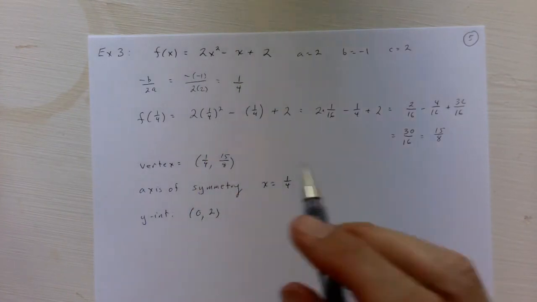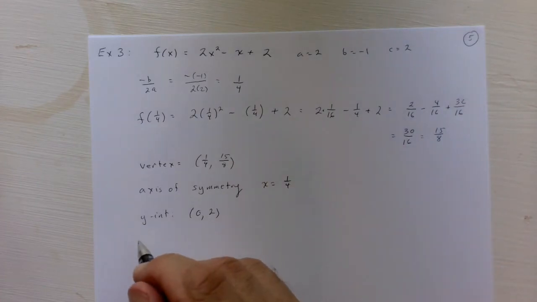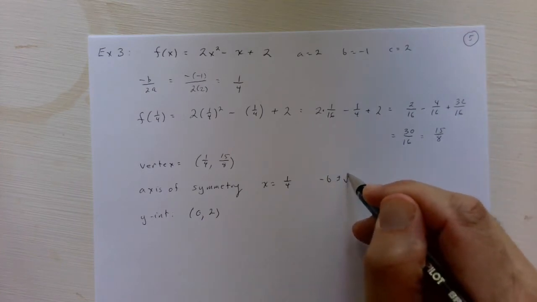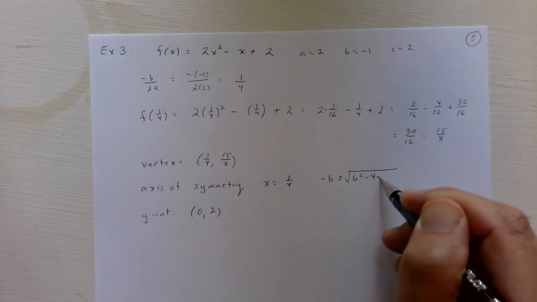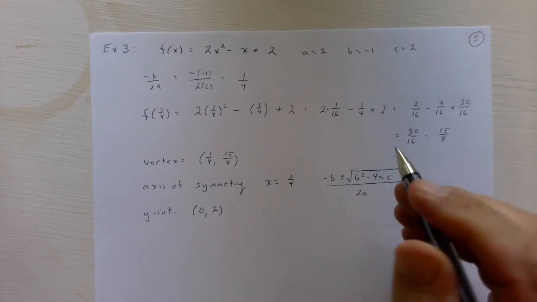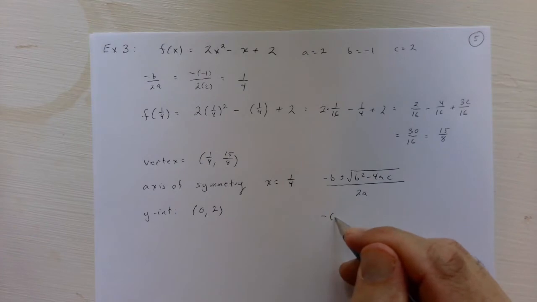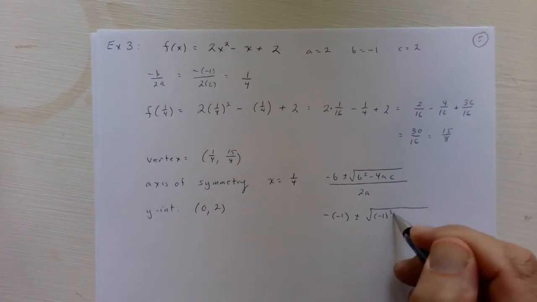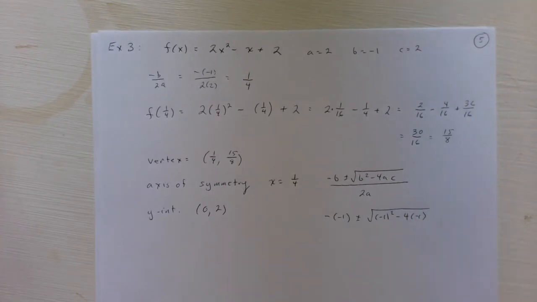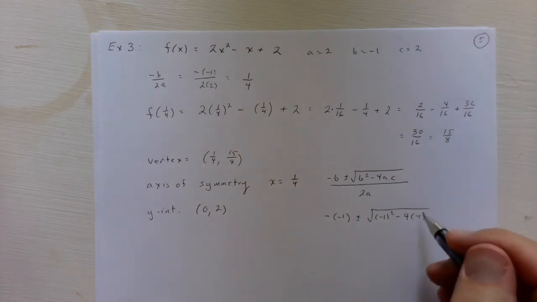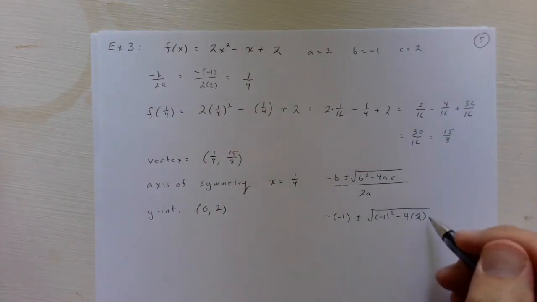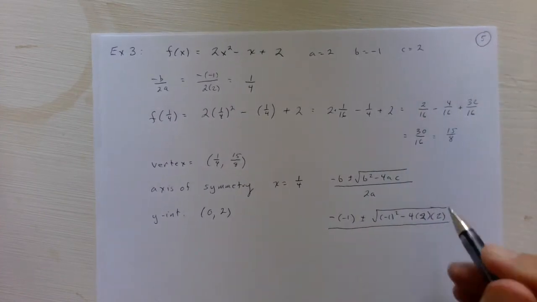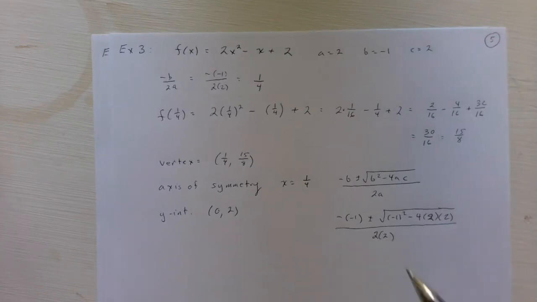And then our x-intercept, well, we use our quadratic formula. So we use minus b plus or minus the square root of b squared minus 4ac all over 2a. So this is going to be 1 plus or minus the square root of (-1) squared minus 4 times 2 times 2, all over 2 times 2.